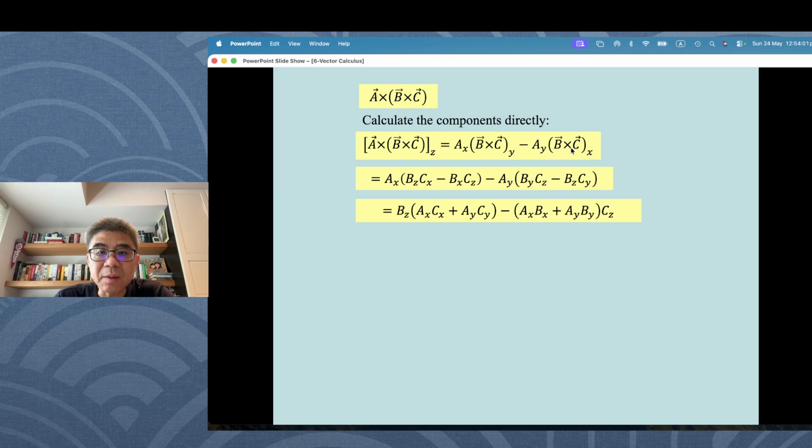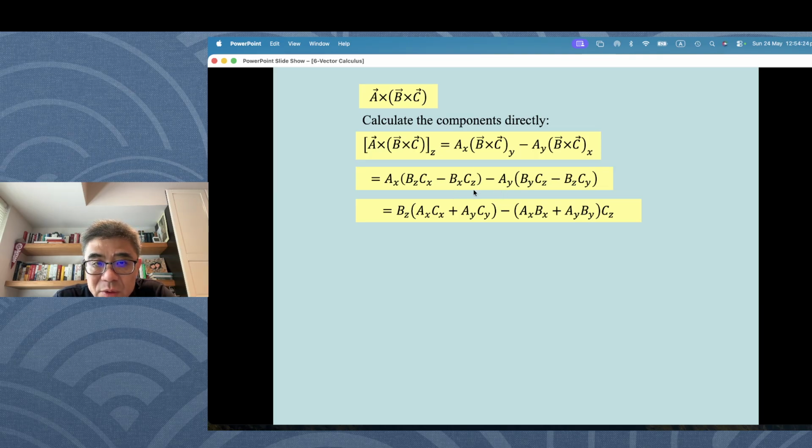So the x component of B cross C equals BY CZ minus BZ CY. Okay, and so that's almost the final result. We can get as far as we could. However, this form is not very useful.